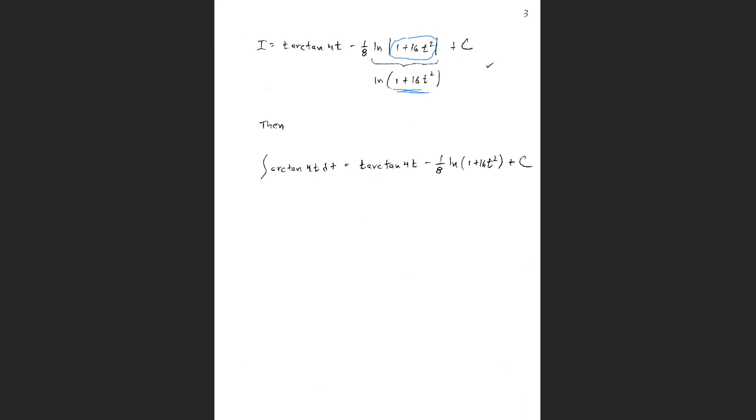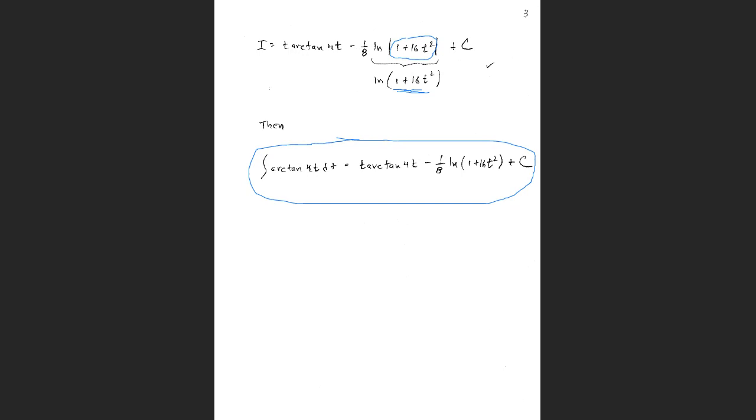So, okay. Well, here's our answer then. The antiderivative of the arctangent of 4t dt equals t times the arctangent of 4t minus 1/8 times the natural log of 1 plus 16t squared plus a constant.